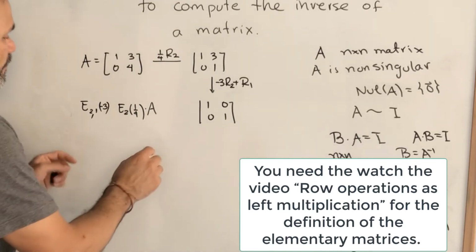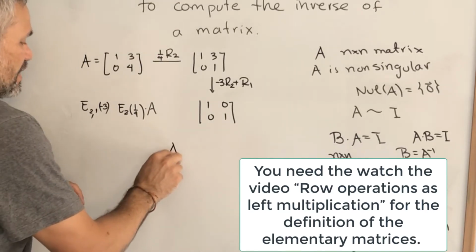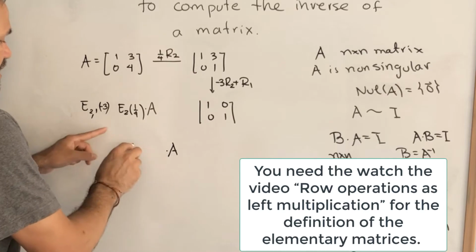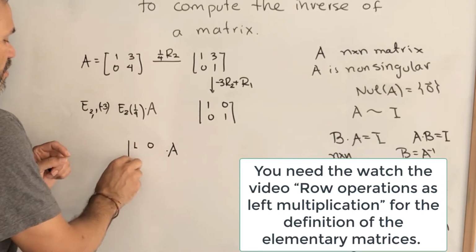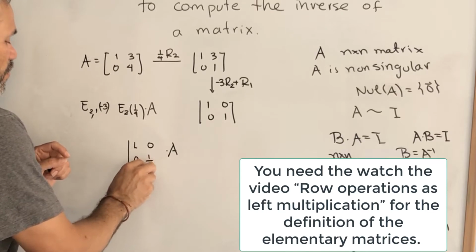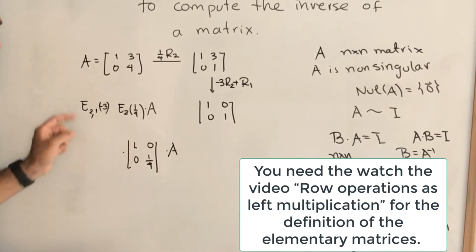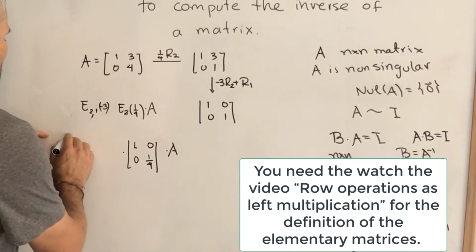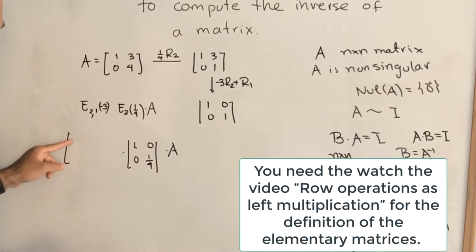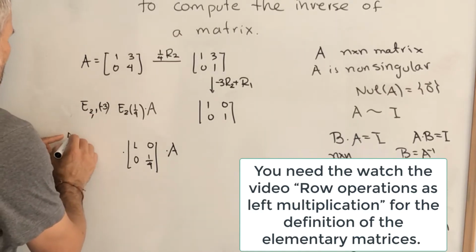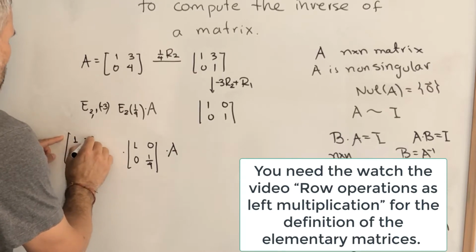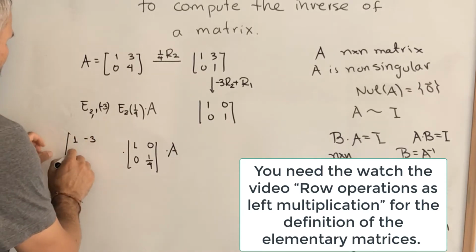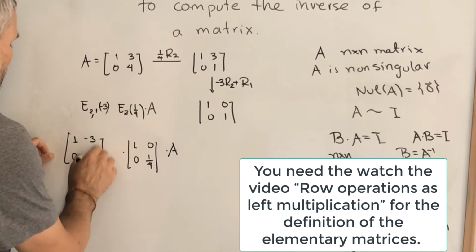Then this means that the matrix A is multiplied by the matrix 1, 0, 0, 1/4, and this matrix here is the one where row 1 becomes 1 minus 3 times row 2, and row 2 is 0, 1.